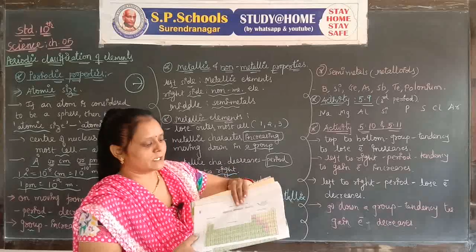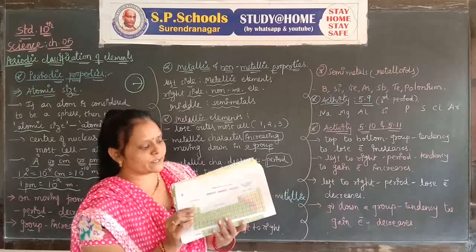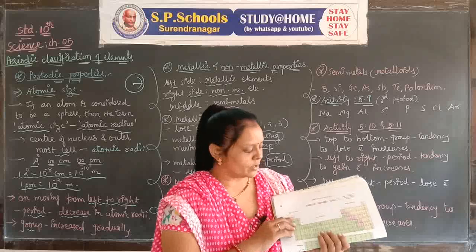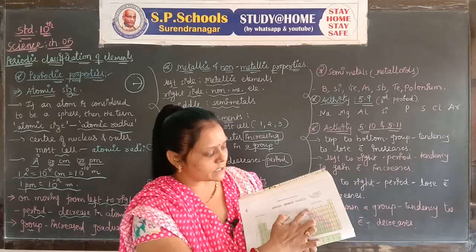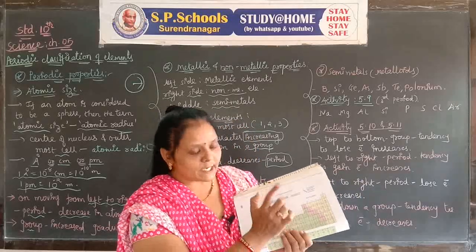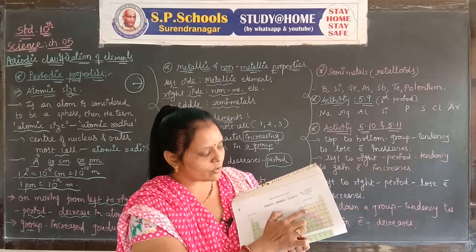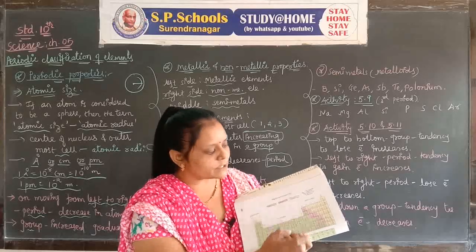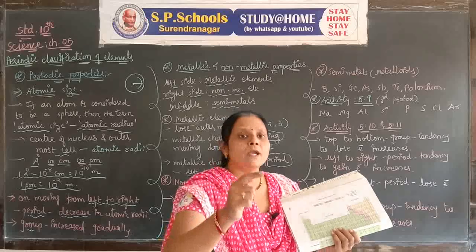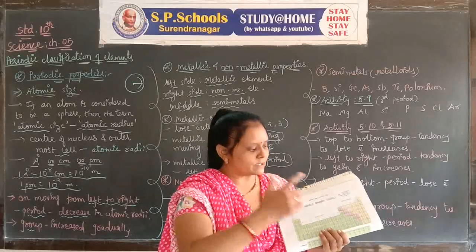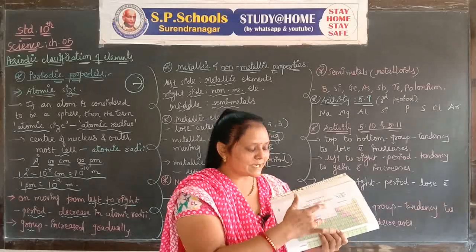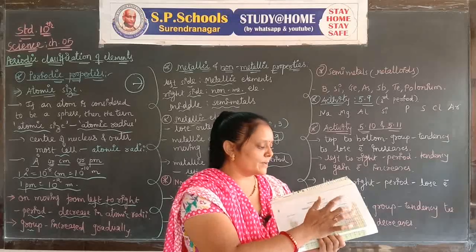The color difference is also seen in the modern periodic table; here you can see in green color, on the border of the zigzag line, the semi-metals. Here there are non-metals, metals, and non-metal elements.